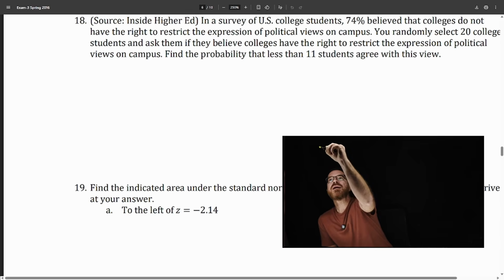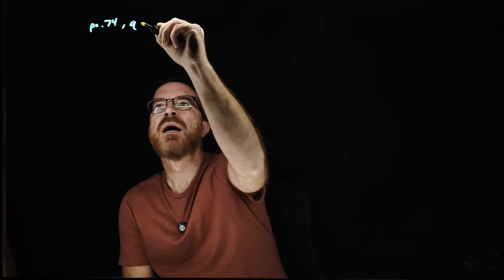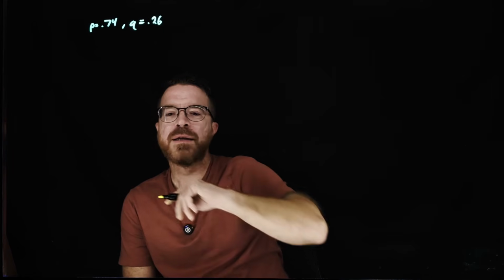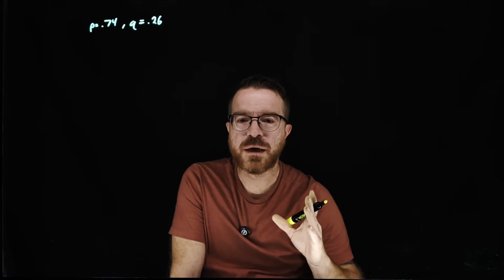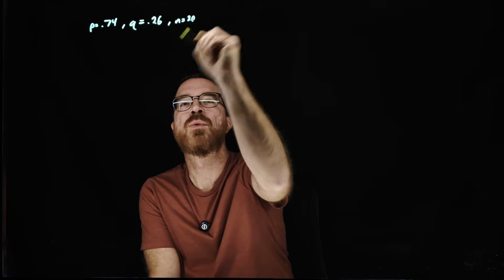So we have our p of 0.74, which means that we have a probability of failure, that they disagree with this, of 0.26. We have a total of 20 college students that were asked, so n equals 20.